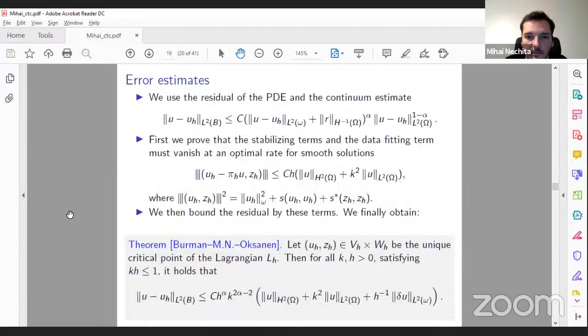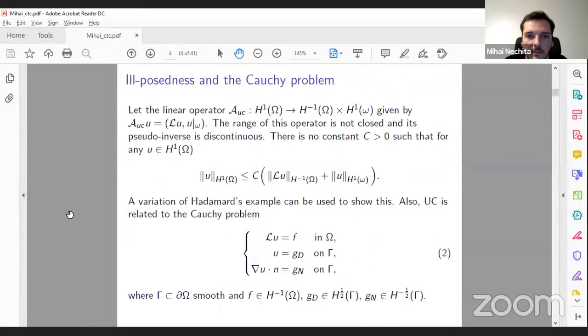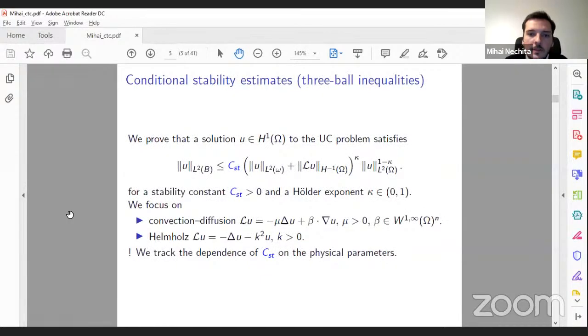Yeah, so maybe I can go to one of these stability estimates. So let's say something like this. In the case of the actual three-ball inequality, where the sets are actually balls, it is known, for example, how the Hölder exponent depends on the radii of the balls. There is a dependence just on the ratio of those radii.